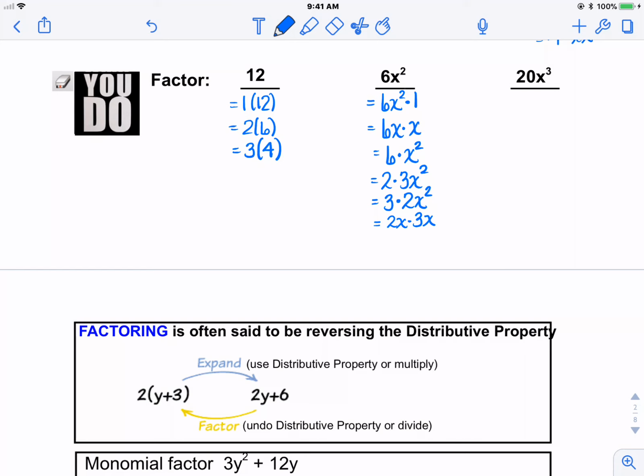And 20x cubed, ooh, some factors could be 1 and 20x cubed. There are many here. We could have 2 and 10x cubed. This could be a very long list. We can have 4 and 5x cubed. Now, we can also have things like x cubed times 20.